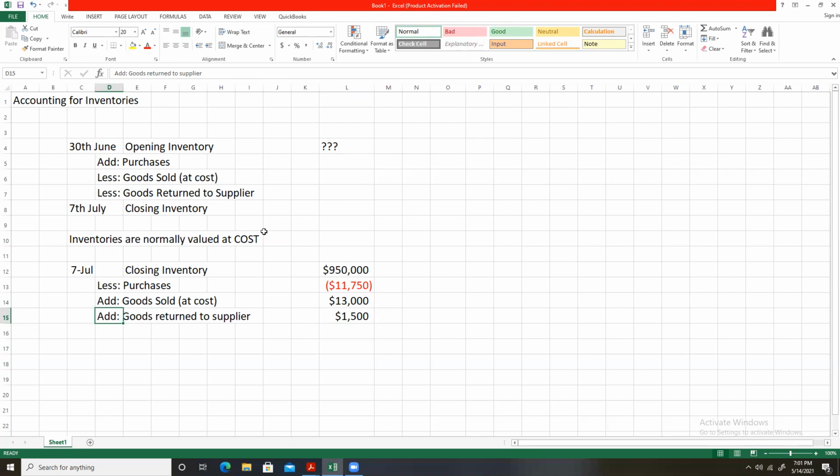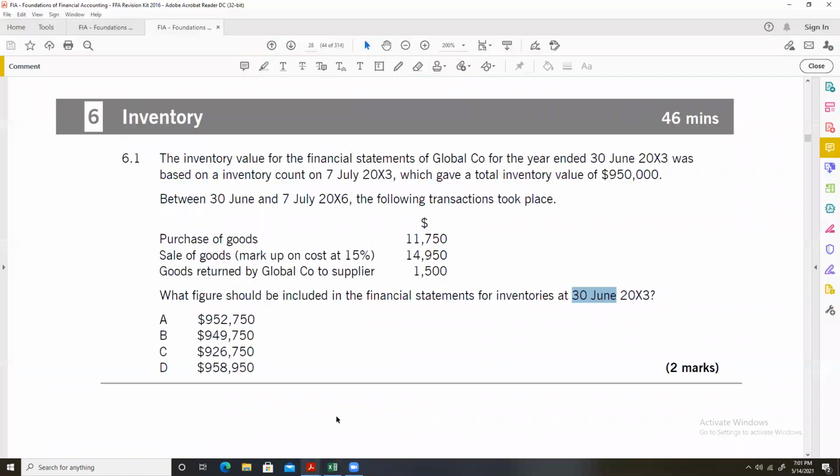That's why now I am adding these goods to the closing inventory, as it will remove the effect of goods returned to the supplier from the closing inventory, the inventory on 7th July. So I have added this $1,500 here.